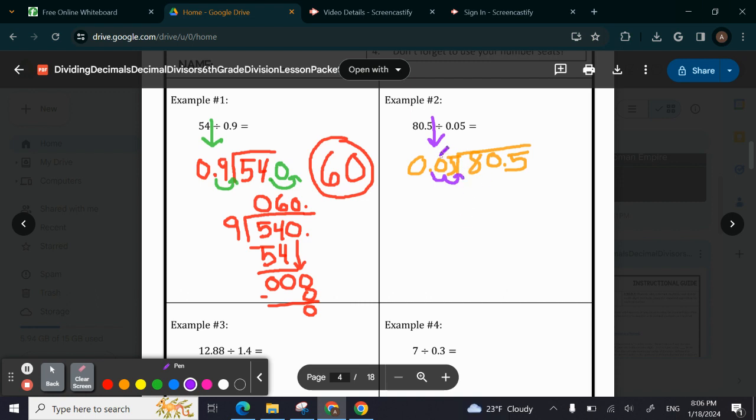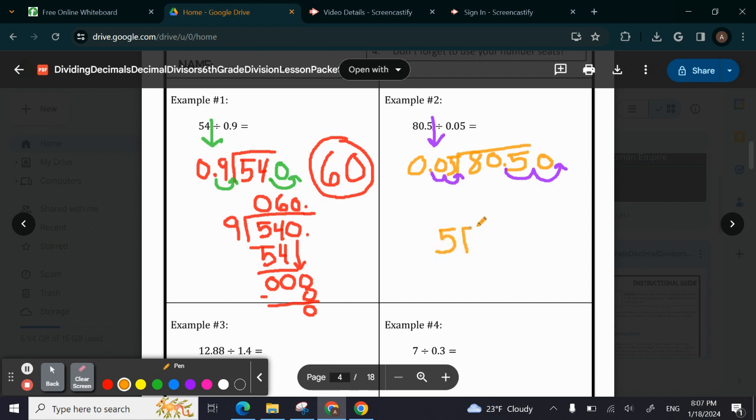And so what you do to the divisor in step 1, in step 2, you have to do to the dividend. So let's move our decimal point 2 times. 1, 2. And we know that because this is an empty spot, we are going to put a 0 there to fill that gap. So now let's rewrite our problem. So the whole number is 5.